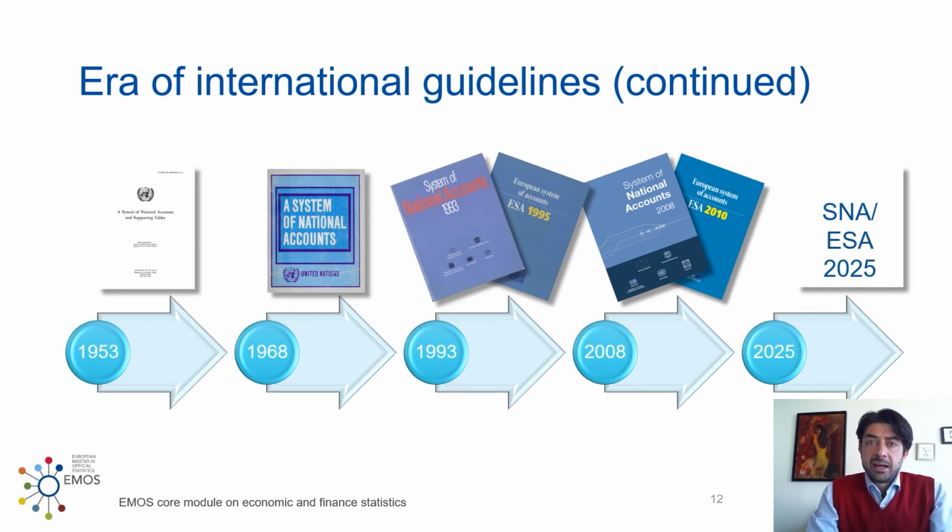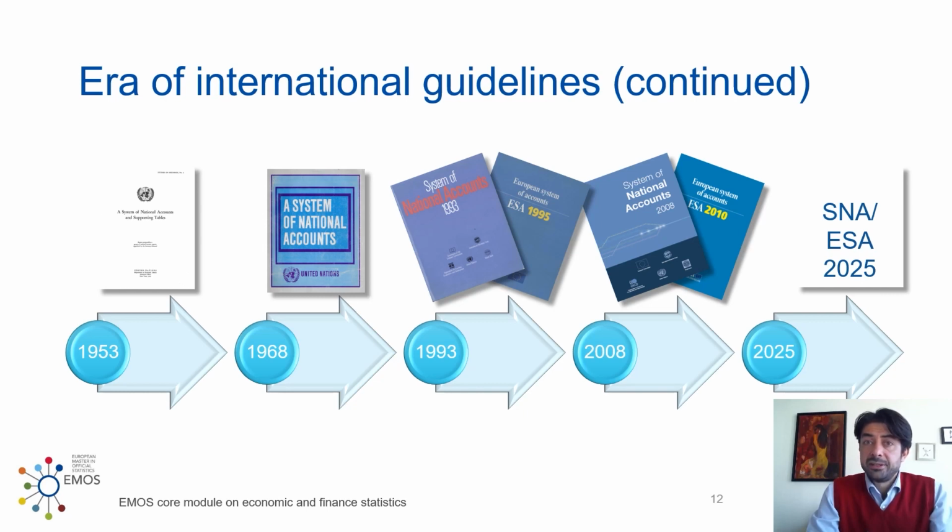As you can see in the slide, alongside the international system of national accounts, there is also a European system of accounts, ESA. The first ESA guidelines were produced in 1970, and then they have been regularly updated together with the updates of the SNA.